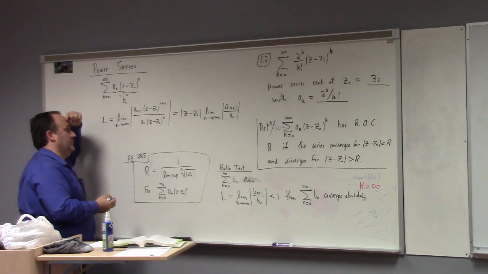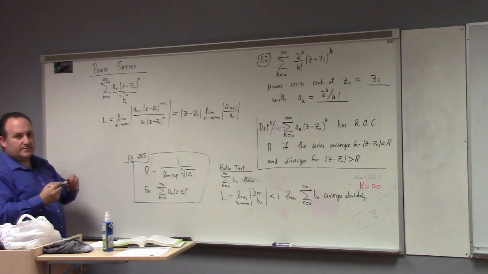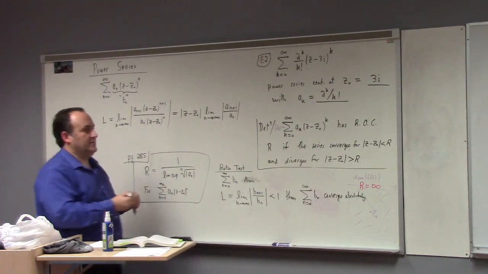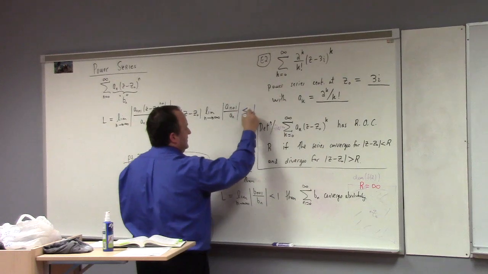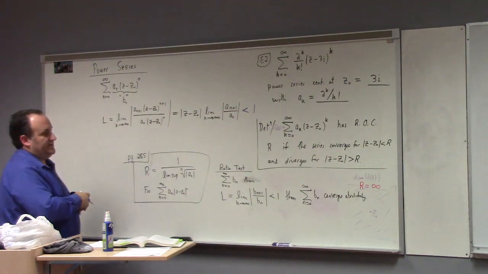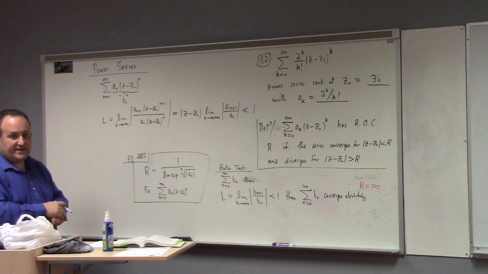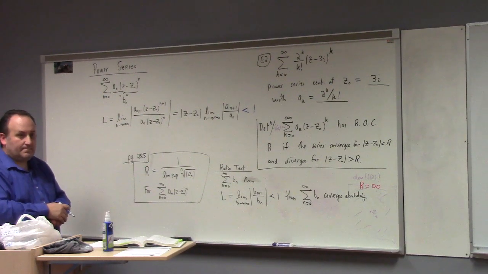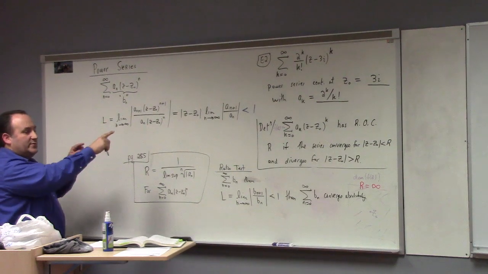And so if this is less than 1, you have absolute convergence, right? Less than 1 is the condition for absolute convergence. That's what I'm interested in. Greater than 1 implies divergence. Equal to 1, you get nothing. You get no information at all, right? What does less than 1 say here?